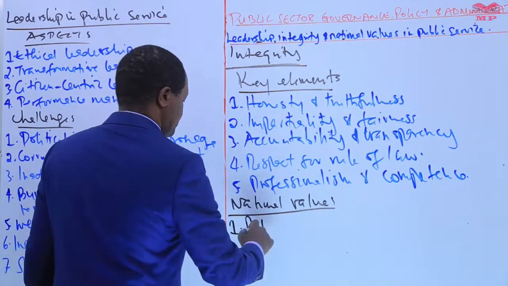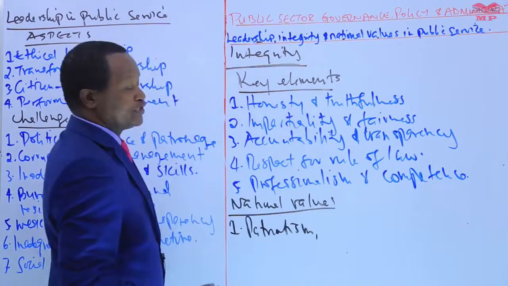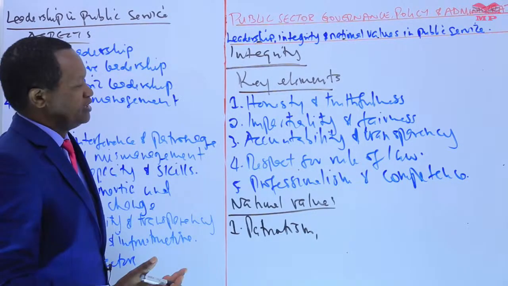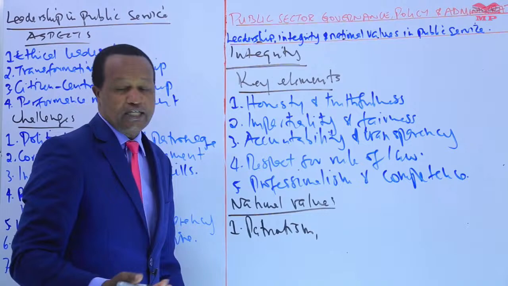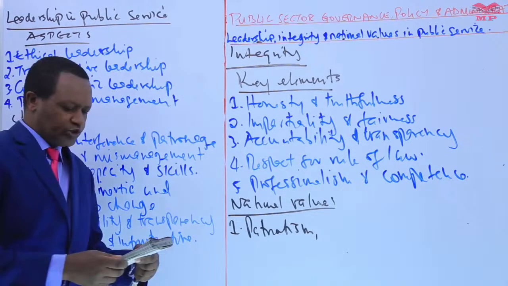The first one is patriotism. Patriotism is the first national value in the Kenyan Constitution. That is Article 10.